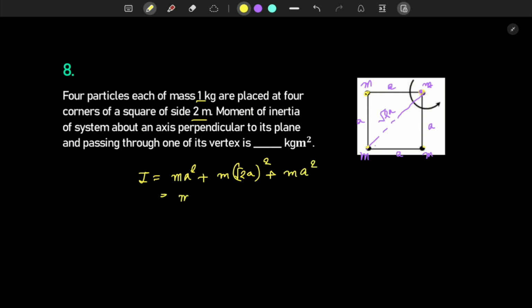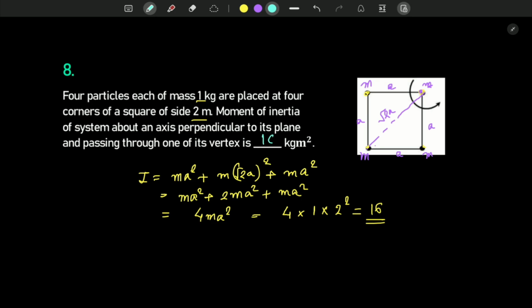So this is ma square plus 2ma square plus ma square. So ultimately the moment of inertia about this axis will be 4ma square, and putting the values, mass is 1 kg and a is 2 meters, so 2 square, this is 16. So the correct answer to our question is 16 kg meter square.